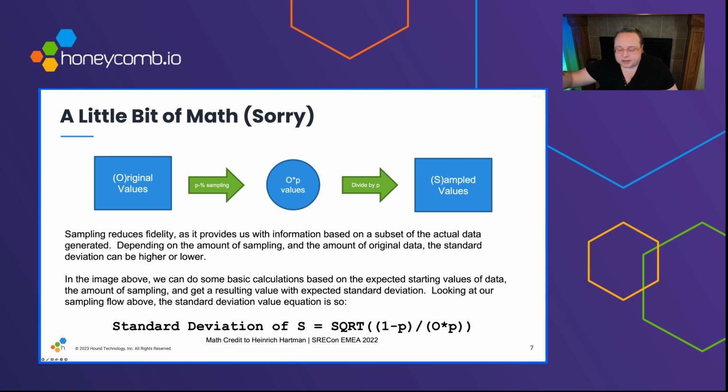And then on the other side of that, when we go to portray that data, we multiply that again by the amount that we sampled in order to get a rough idea of what the original values might have been. We calculate the standard deviation, the equation is there on the bottom, and I'm going to run through a couple of examples just to give an idea of how this plays out.